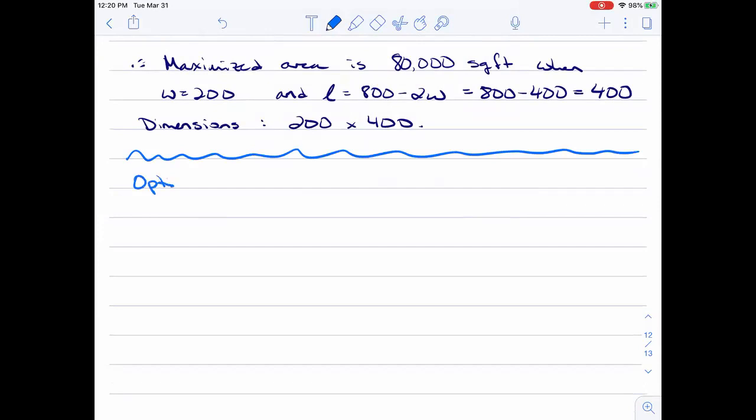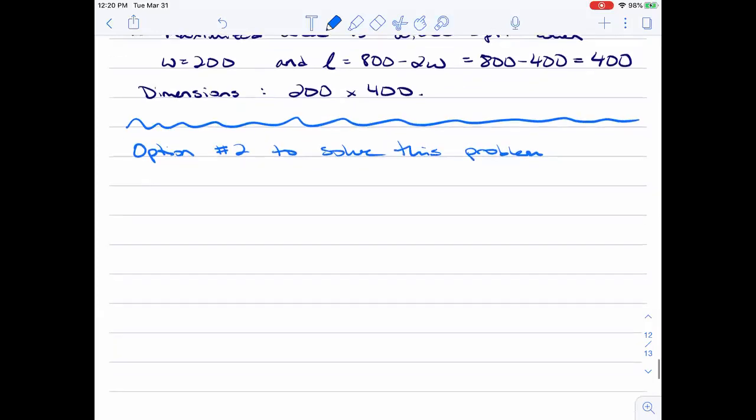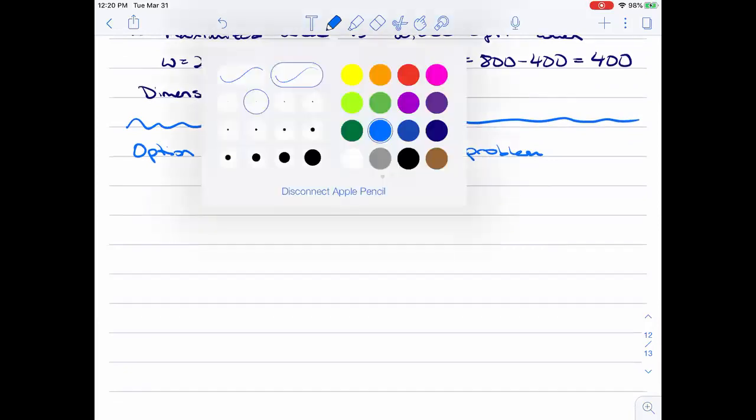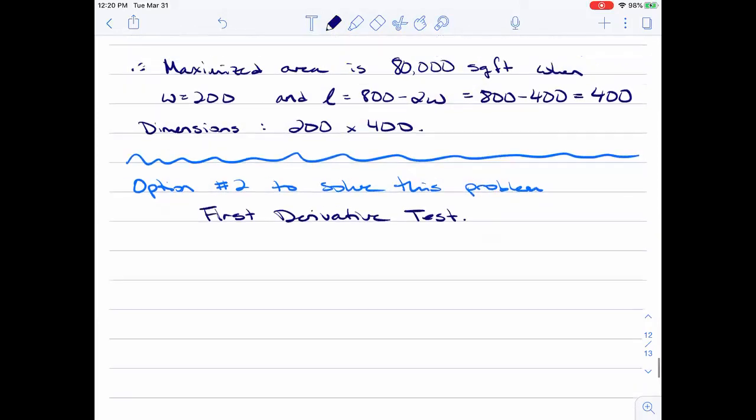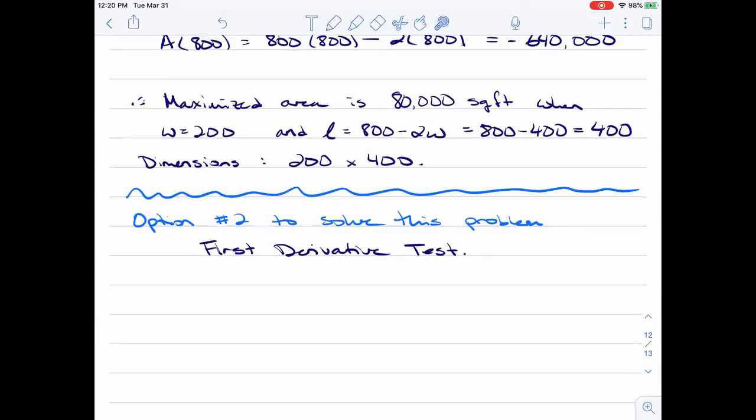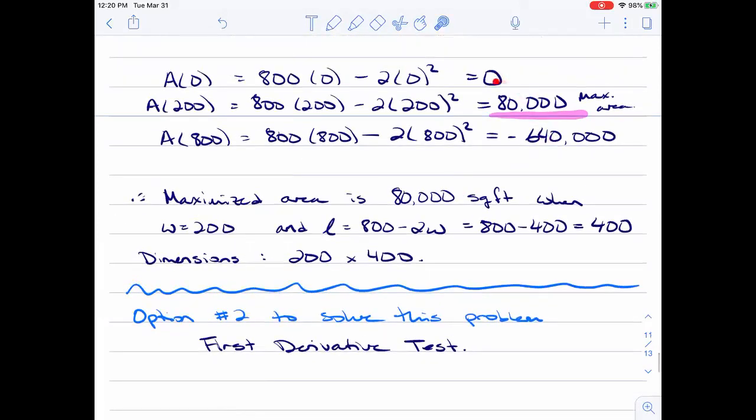Or we can use option number 2 to solve this problem. We've got problems, we've got options. It's the first derivative test, which I think we might be more familiar with, but I just like that we only have to find the critical numbers and then evaluate at the endpoints.